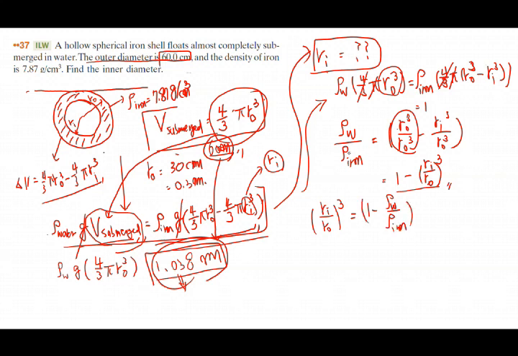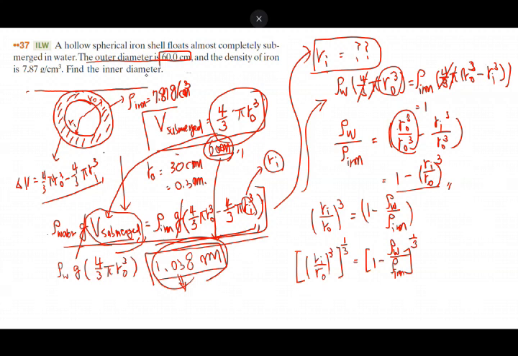Now you take the power of 1 over 3 on both sides, then Ri over R naught equals 1 minus rho water over rho iron, to the power of 1 over 3, right?